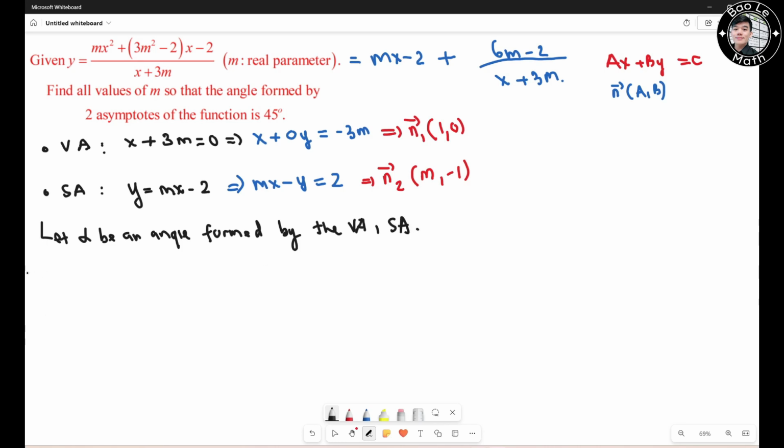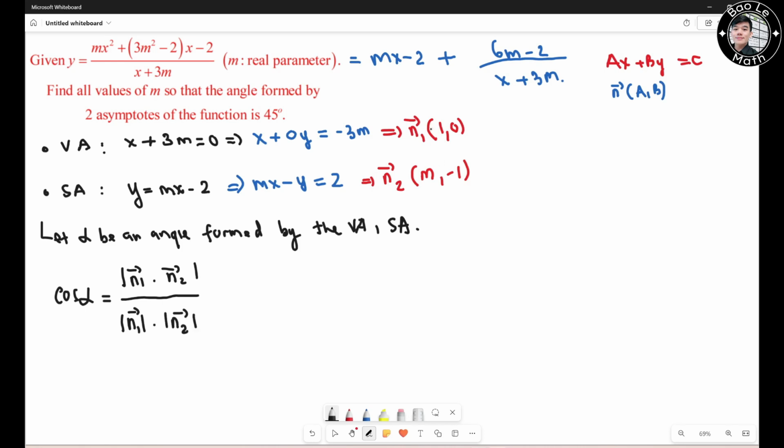Alright, so we have cosine alpha equals the absolute value of the dot product between the two normal vectors, n1 times n2, divided by the product of the two magnitudes, absolute value of n1 times absolute value of n2.